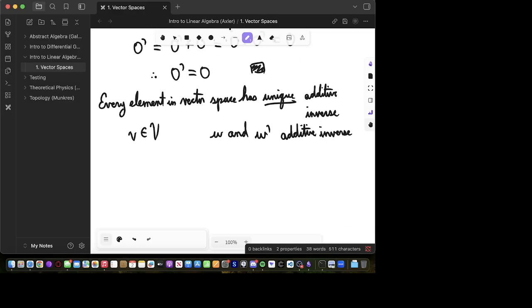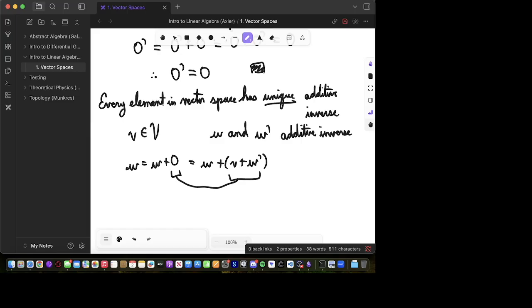So, because of the additive identity property, we can write this. And we know that because W prime is an additive inverse of V, then V plus W prime equals 0. So we can write W plus V plus W prime, because this is equal to this.